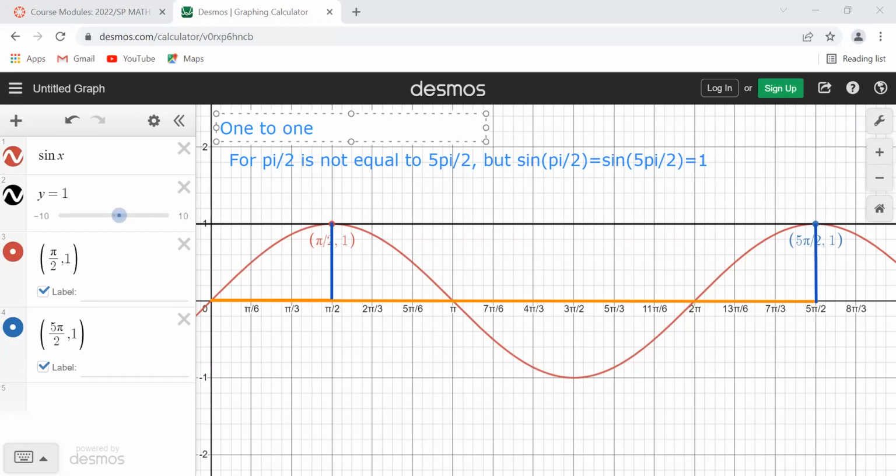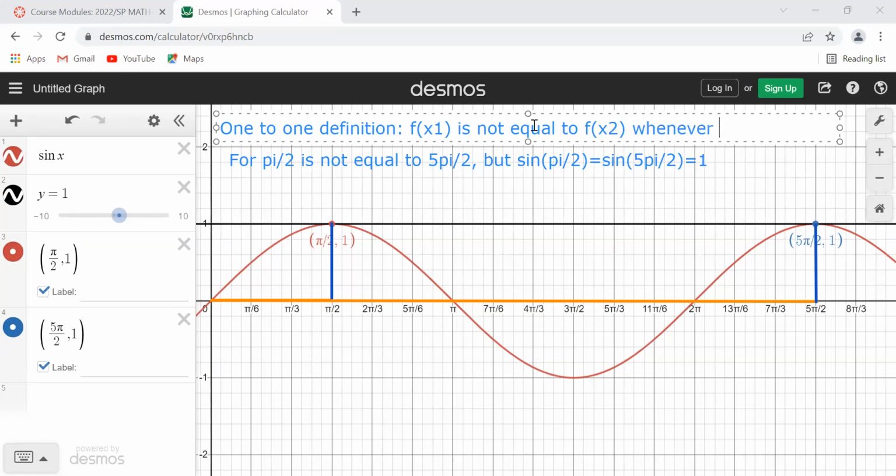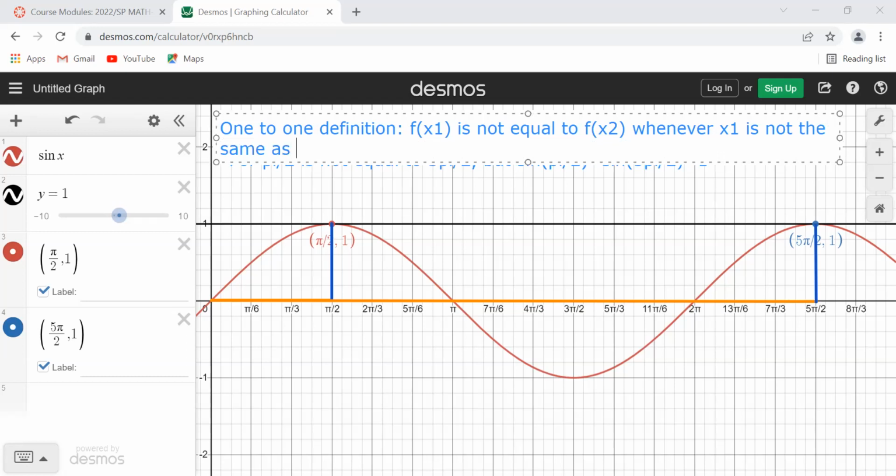The one-to-one definition says f of x1 is not equal to f of x2 whenever x1 is not the same as x2.